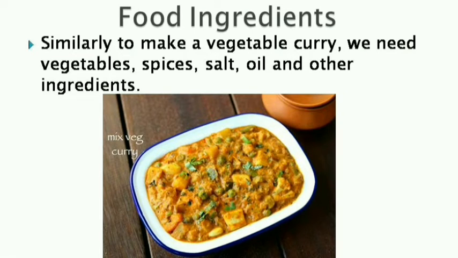If butter or ghee is used, it comes from an animal source. Thus, we can see that food ingredients used to make a dish may be few or many. As we have seen that when we cook rice, it requires only two ingredients, that is rice and water, whereas vegetable curry requires many ingredients.